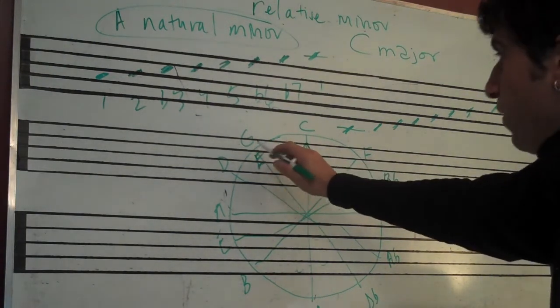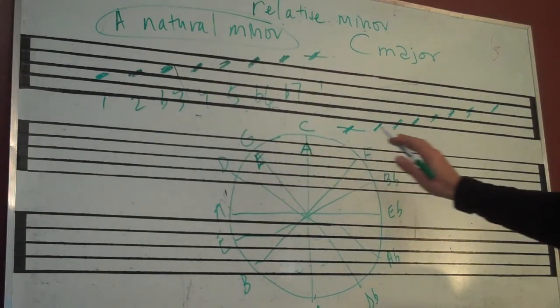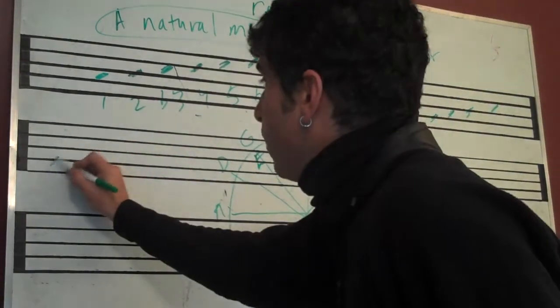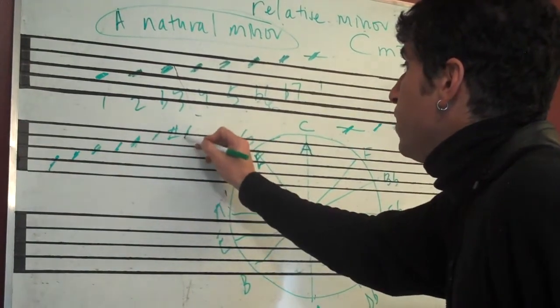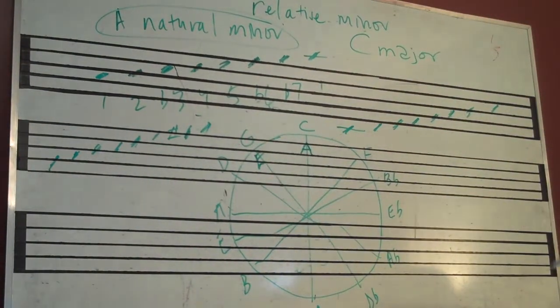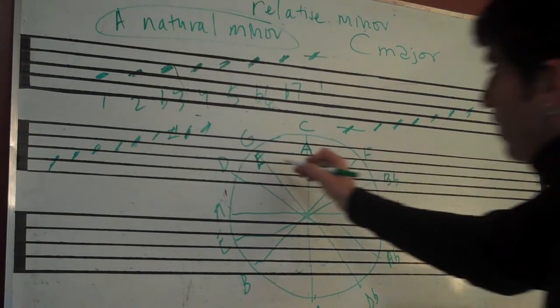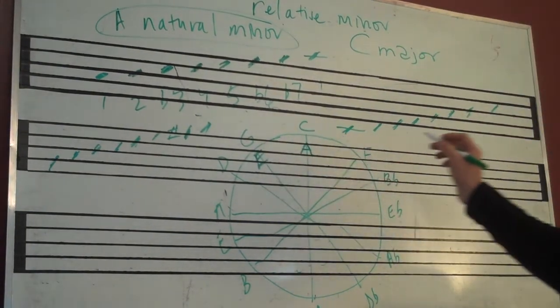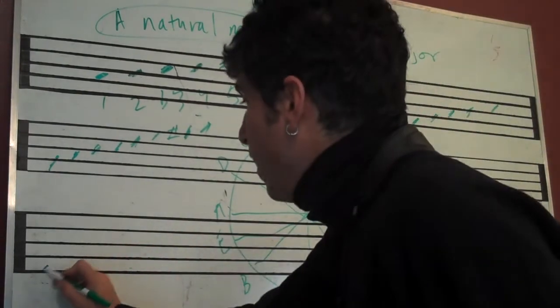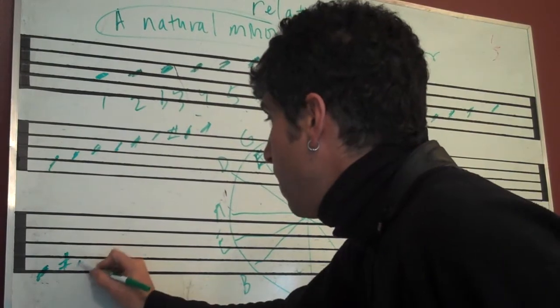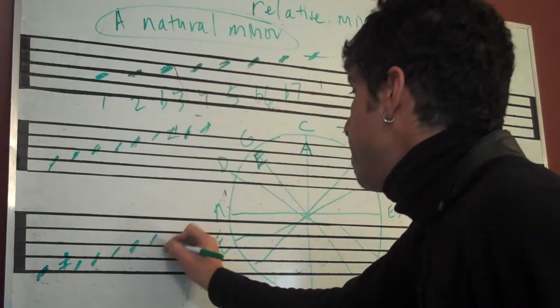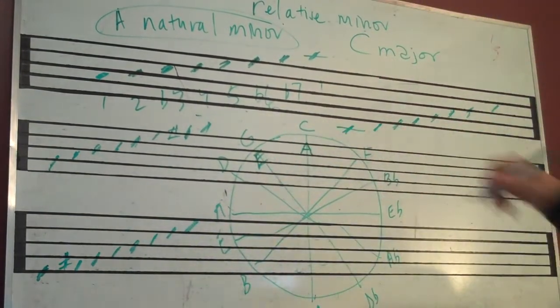Let's just write that one out again, just for the sake of doing it. If we were to write out G major scale, G, A, B, C, D, F sharp, G, and we wanted to write out E, its relative minor scale, we're just going to write out E natural minor, and there it is.